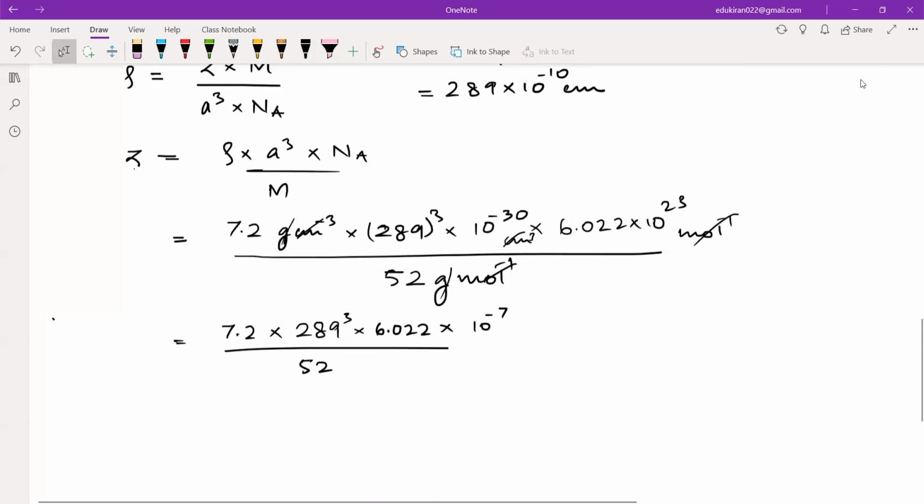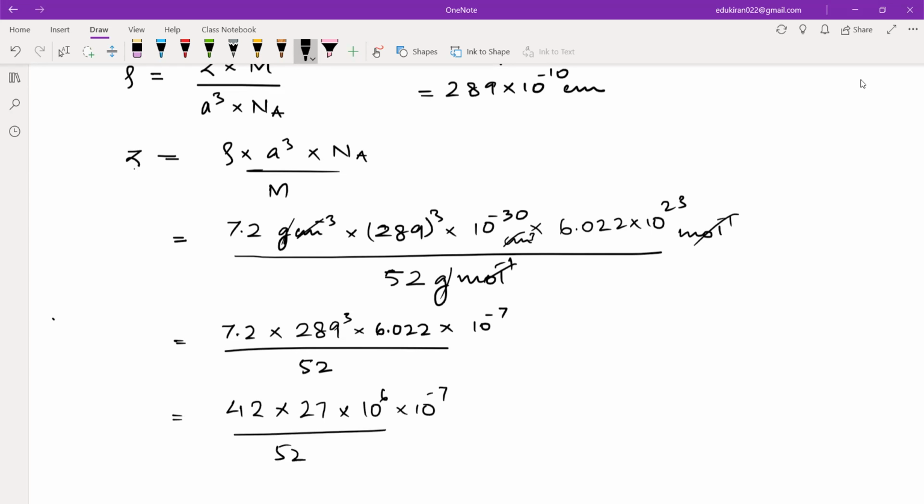So 7.2 into 6.02 would be approximately 42, into, if I just cube 289, approximately, if I take this as 300, so 300 cube is 27 into 10 to the power 6, into 10 to the power minus 7, divided by 52.